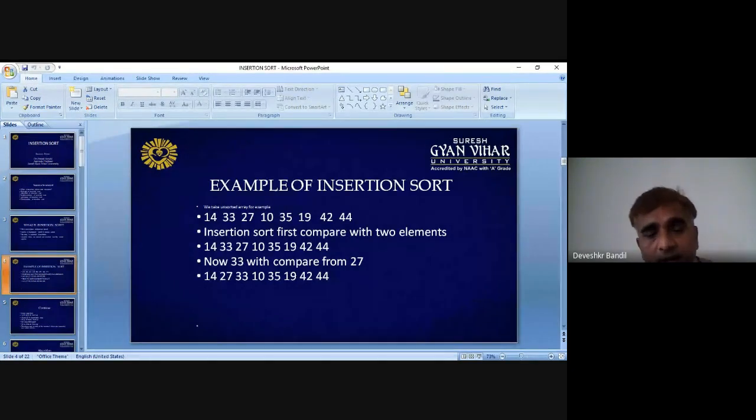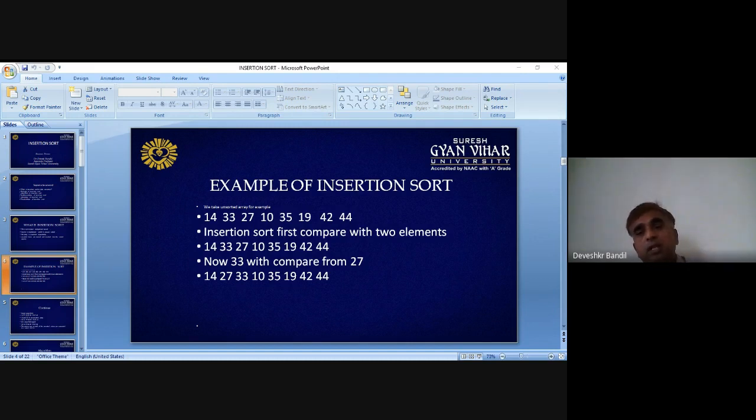In this shared screen, I have taken one array: 14, 33, 27, 10, 35, 19, 42, and 44. This array is not in sorted form because 14 is less than 33, 33 is greater than 27, 27 is greater than 10, 10 is less than 35, 35 is greater than 19, 19 is less than 42, and 42 is less than 44.